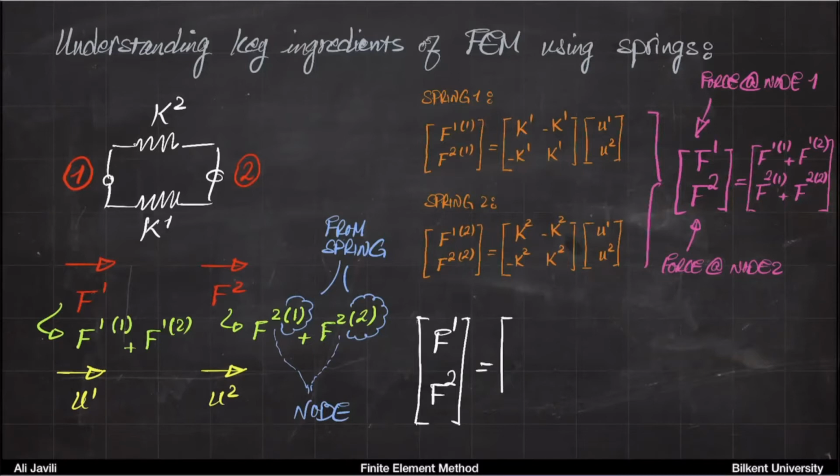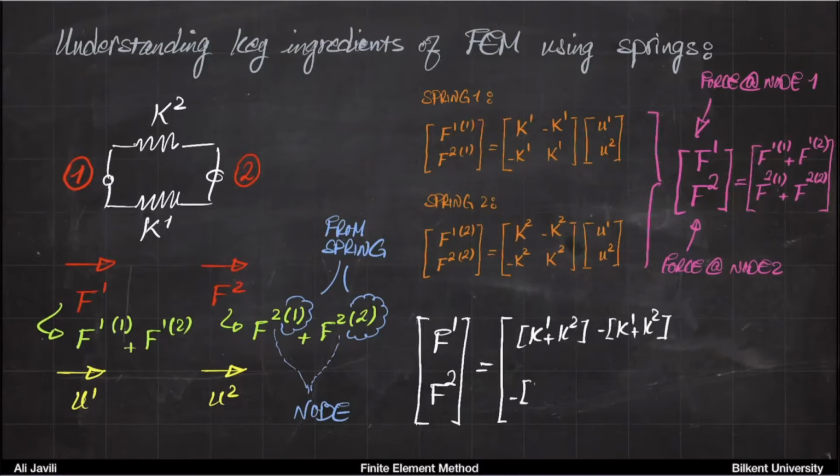And if I use the equations we have here, it's basically adding these two systems. And if you do that, you would end up with something which looks like K1 plus K2 on this upper left corner. Then upper right corner, you would have minus K1 plus K2.